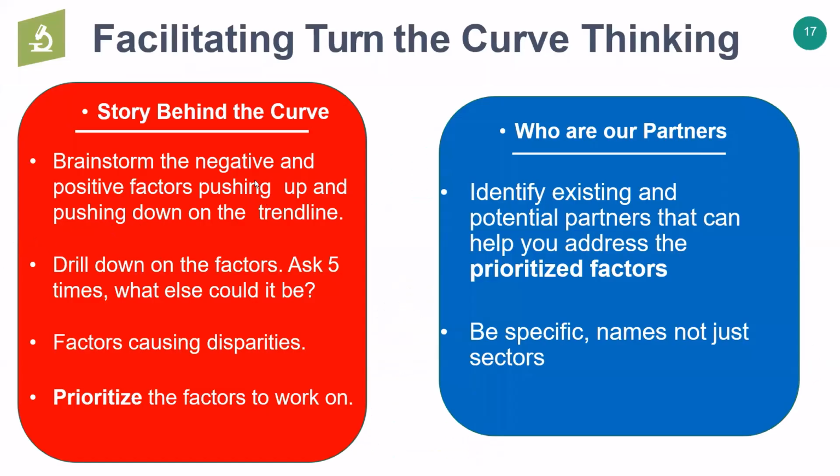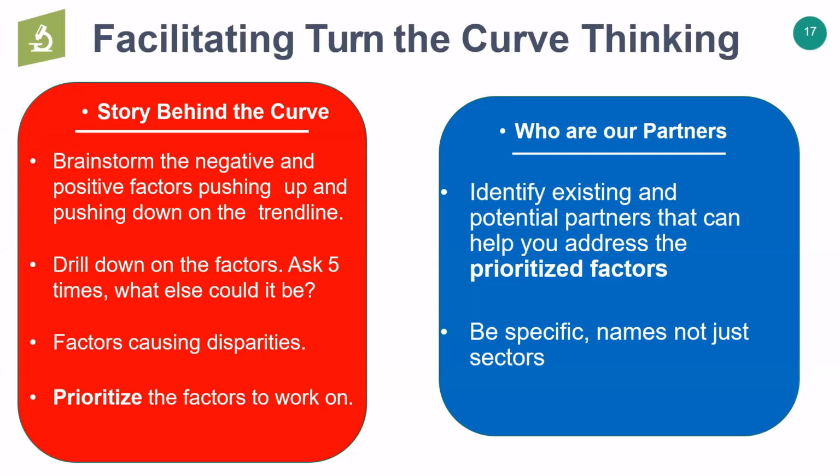So, again, always brainstorm the negative and positive factors pushing up and pushing down on the trend line. And the facilitator should ask at least 5 times, what else could it be? Always address, are there any factors causing disparities? It's great if you can disaggregate the data by race, ethnicity, gender, age. It makes it easier to potentially see the disparities, but you don't have to do that because you've got people around the table that are knowledgeable about what you're doing and your program.